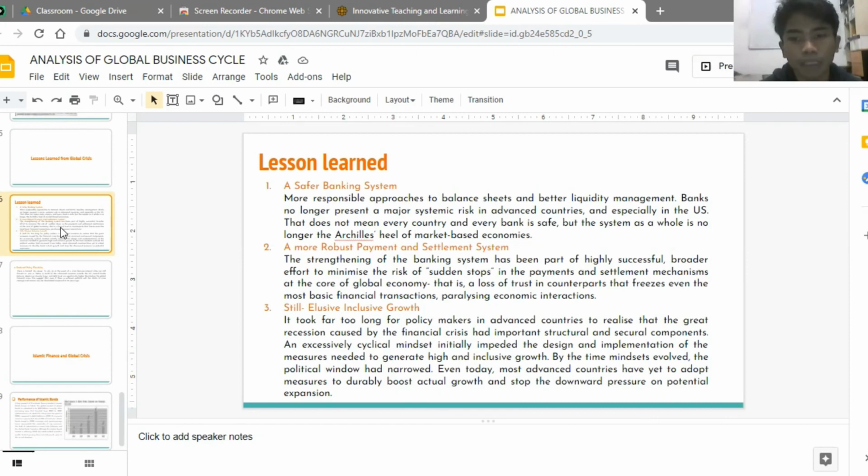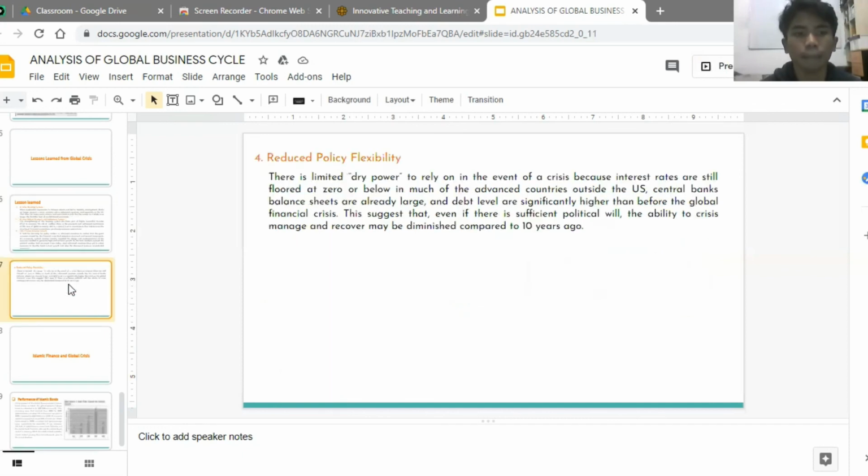By the time the mindset evolved, the political window had narrowed. Even today, most advanced countries have yet to adopt measures to drastically boost actual growth and stop the downward pressure on potential expansion. The last lesson is reduced policy flexibility.